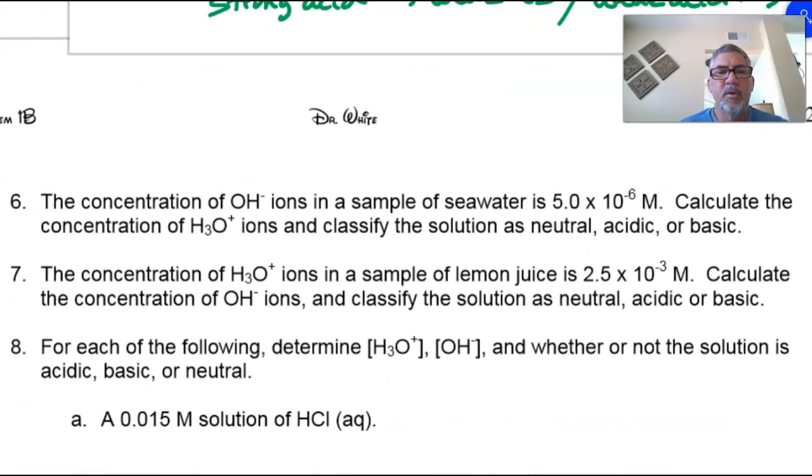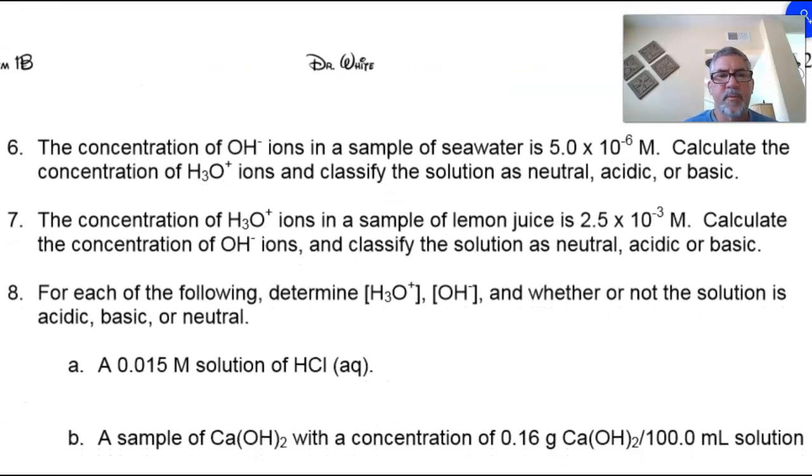Okay. So if you look at number 6, calculate the concentration of hydroxide ion in a sample of seawater, where the concentration in a sample is 5.0 times 10 to the negative 6. Calculate the concentration of hydronium ions.